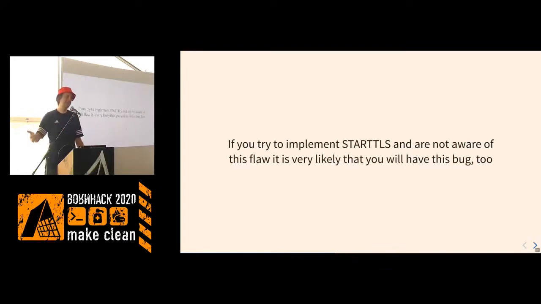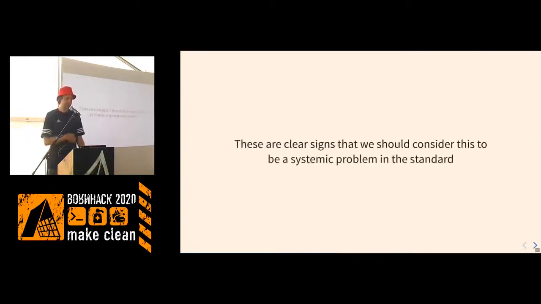If you do a straightforward implementation and don't think about this, you will almost certainly have this bug in your code. And this is also why I would argue that this should not be seen as bugs in the client. I mean, of course, it is a bug in the implementation, but this is a systemic problem with the standard. This is a standard that makes it far too easy to get things wrong.